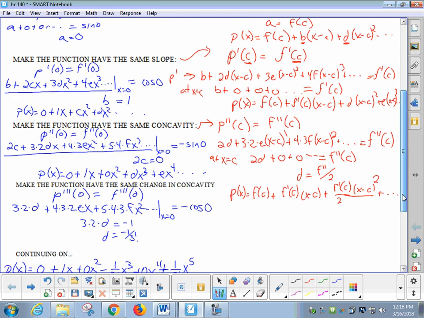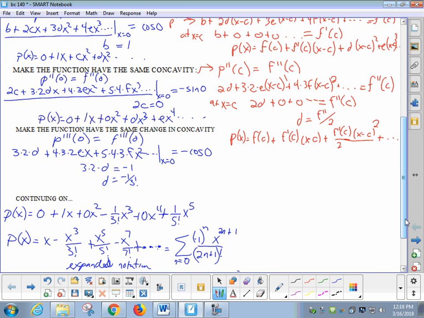Well then, let's do one more. I just want you to fully understand why the formula is what it is. If I take the derivative of p double prime, here it goes, so I can match p triple prime. Now I want to match p triple prime at c to f triple prime at c.